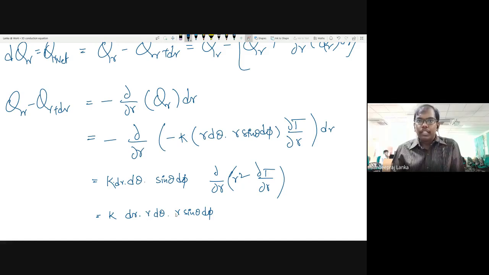I have taken an r square here. Two r's are there, so to cancel them out I have multiplied by 1 by r square: dou by dou r of r square into dou T by dou r.